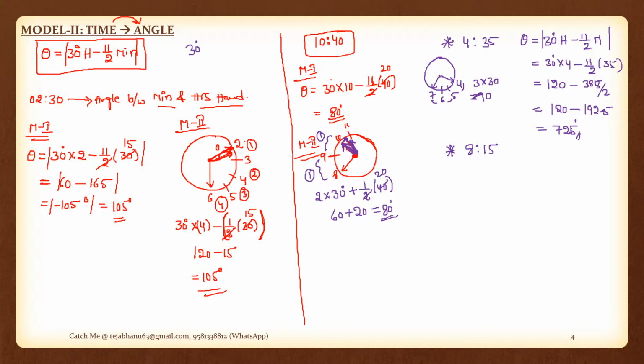Now, if you observe 4:35 in the clock, it won't strike towards 4. Our hand is in between 4 and 5. So, in order to find the displacement, minus, every minute our hand displaces half degree and there are 35 minutes, which is 90 minus 35 halves, 17.5. That is 72.5.